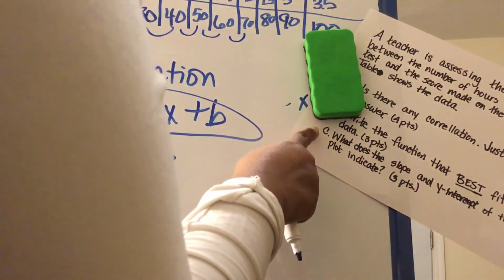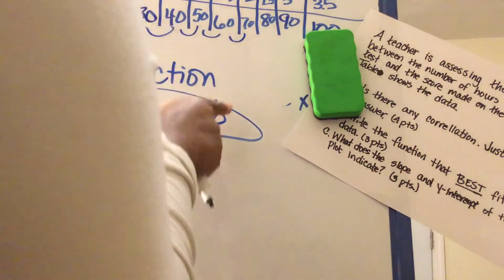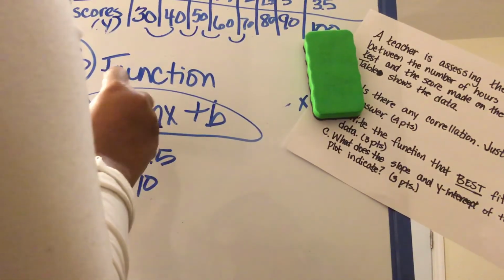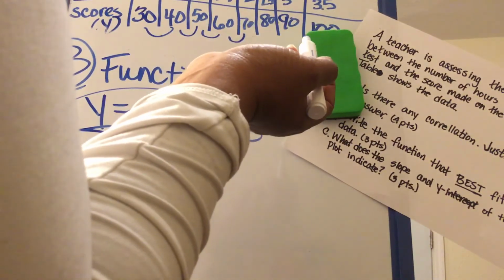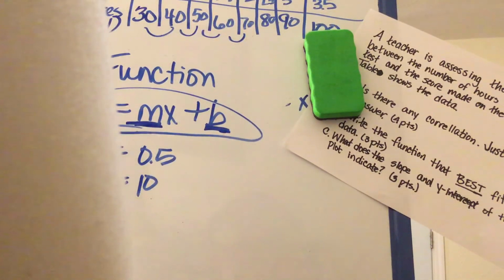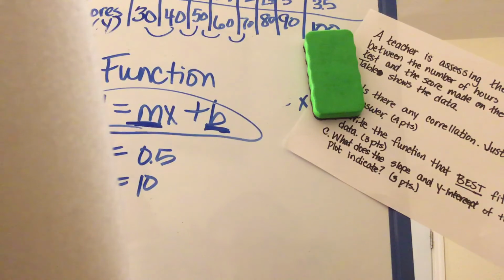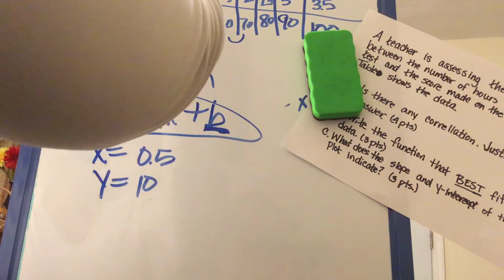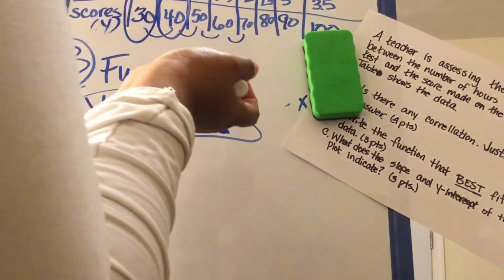Well, right down here at C, it says, what does the slope and the y-intercept of the plot indicate? So M is the slope and B is the y-intercept. Since we got to find that anyway, I think we should go ahead and take 1 point and use it. Why not? So these are our points. Our x, y, this is a point, 0, 30, 0.5, 40, 1, 50 is a point.